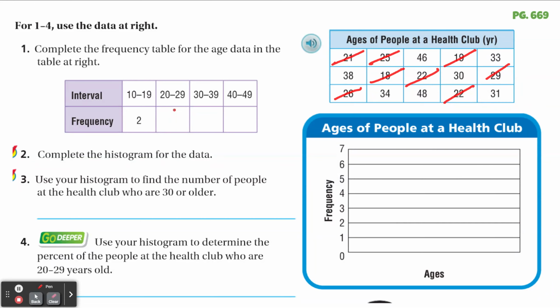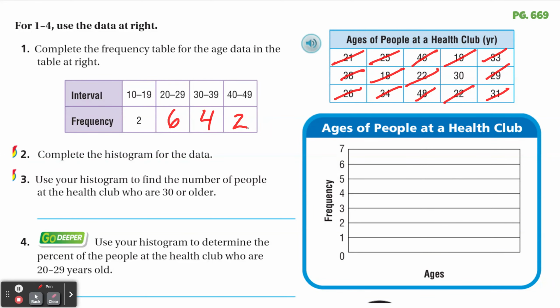There's 6 individuals who are in their 20s. There's 1, 2, 3, 4 individuals who are in their 30s, and 1, 2 individuals who are in their 40s. So hopefully you were able to figure out your frequency table from that data.